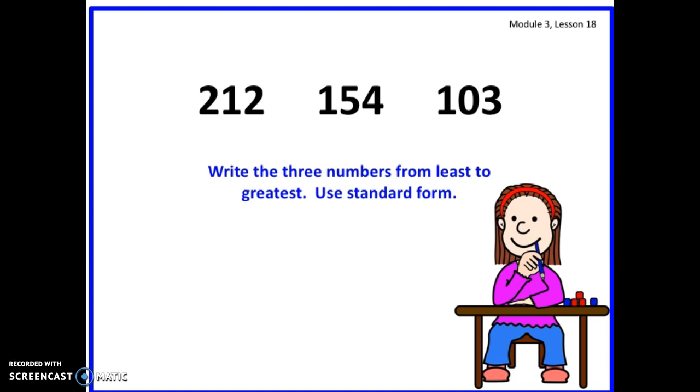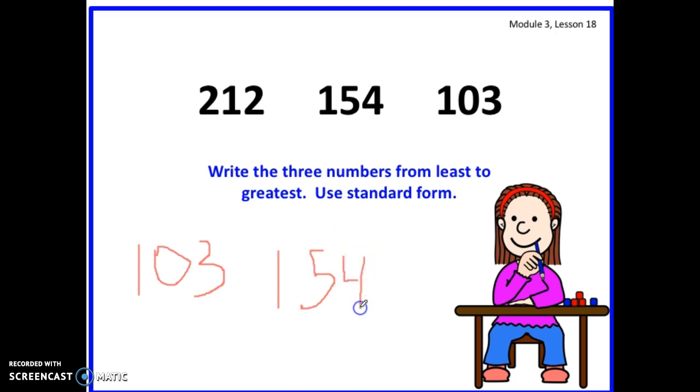All right. Did you write 103 as your least? That's the smallest. What's the next number? That's right, 154.